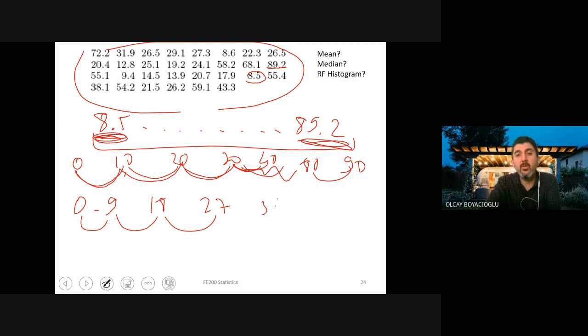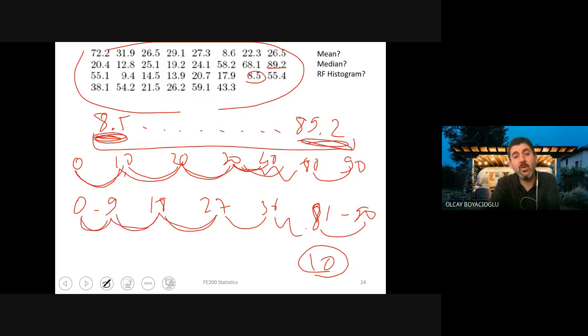And then 36 is another class. And all the way, 81 to 90 is my last class, and the other ones in between. In this case, I would have 10 categories to represent the data set, but my boundaries are not logical. Well, they are logical actually. They are the multiples of 9, right?